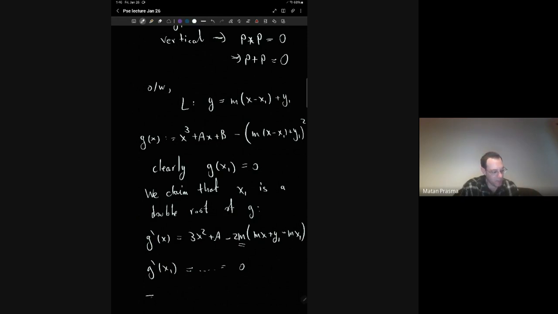It means that this cubic G(x), which I know over K bar, is equal to (x minus x1) squared times (x minus x3), let's say.